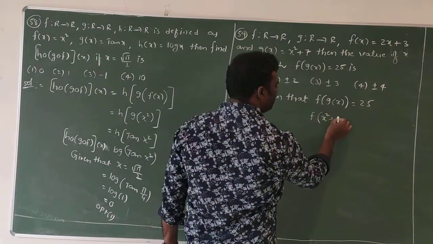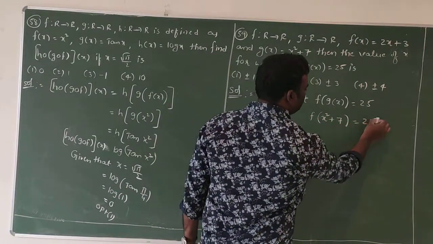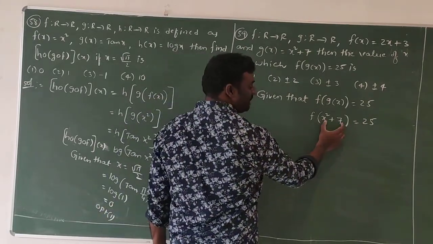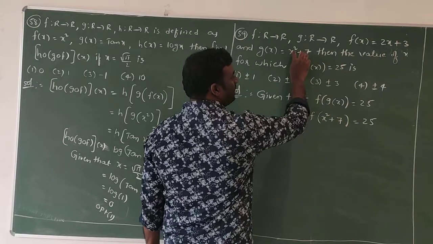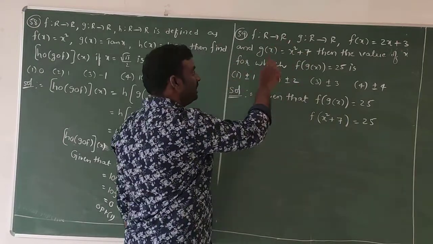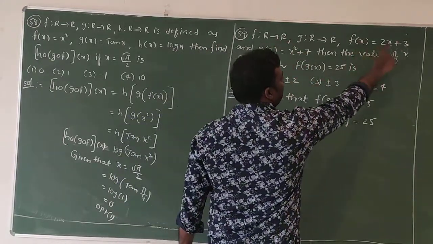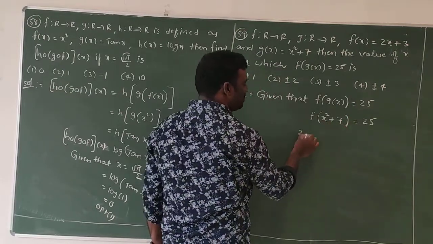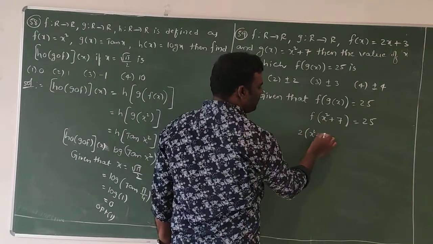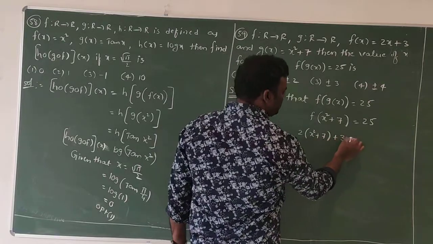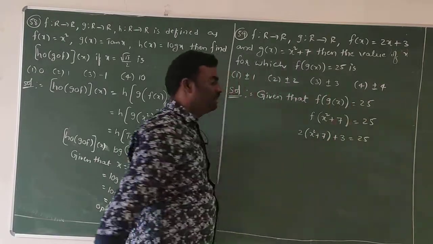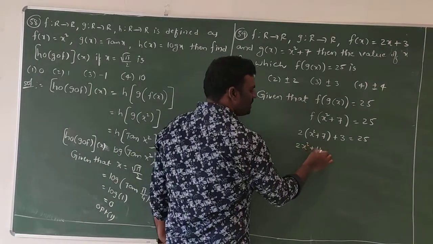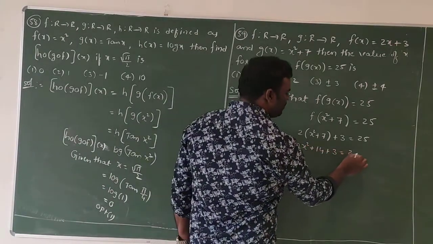You need to substitute this x square plus 7 in the function f in place of x. So in the function f in place of x we need to substitute x square plus 7, then 2 into x square plus 7 plus 3 equals to 25. Now simplify, 2x square plus 2 7 is 14 plus 3 equals to 25.